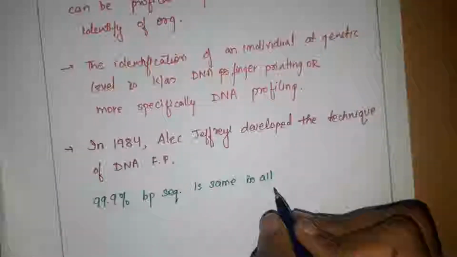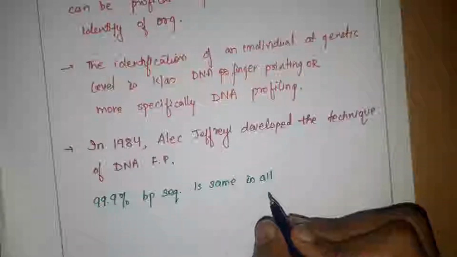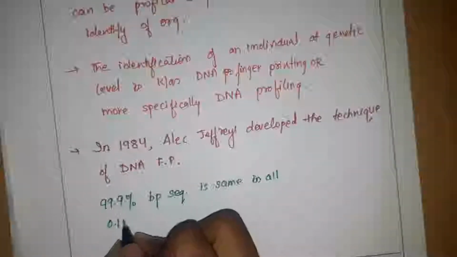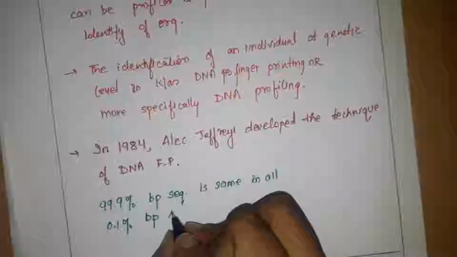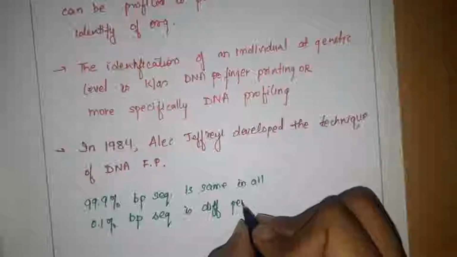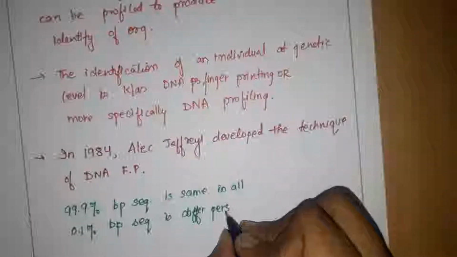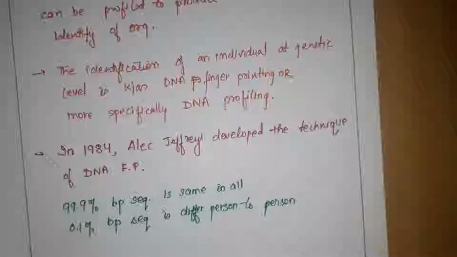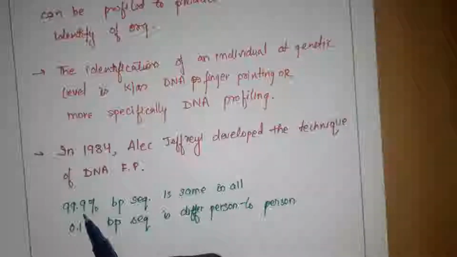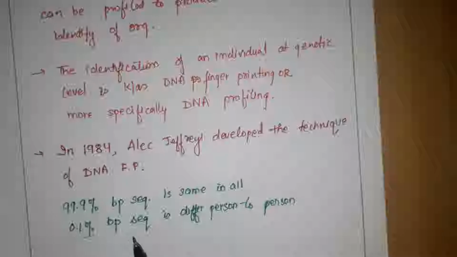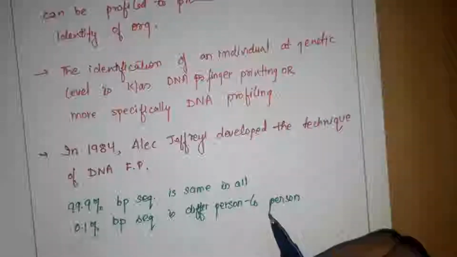That means only a short stretch of the sequence, which is responsible for giving the unique identity to an individual, only 0.1% of the base pair sequence, differs from person to person.